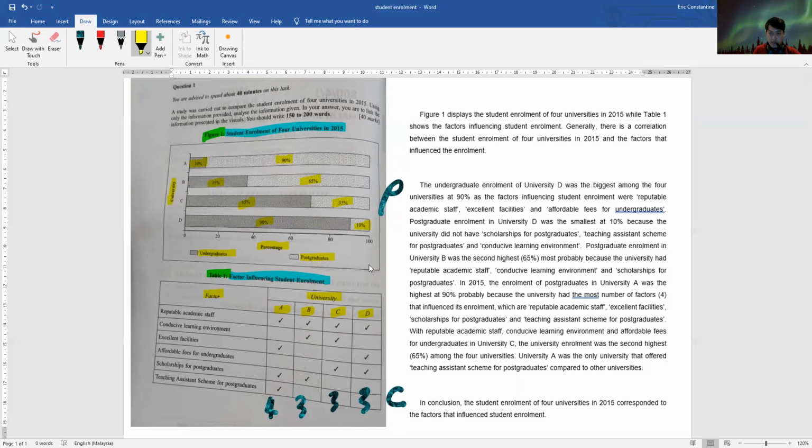The undergraduate enrollment of University D was the biggest among the 4 universities at 90%, as the factors influencing student enrollment were reputable academic staff, excellent facilities, and affordable fees for undergraduates.